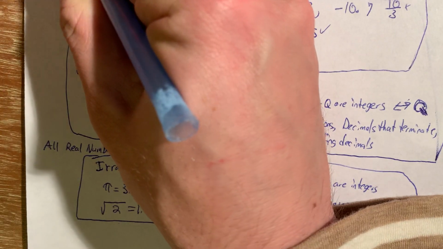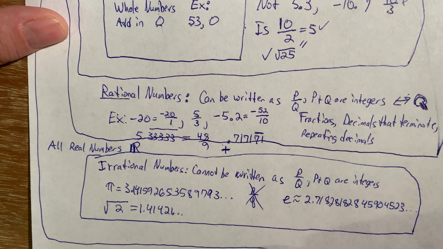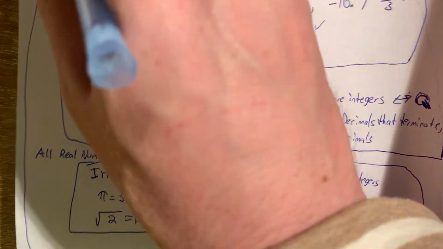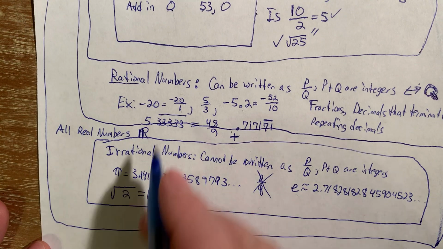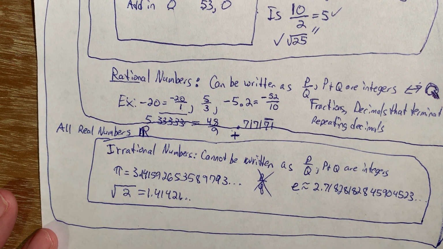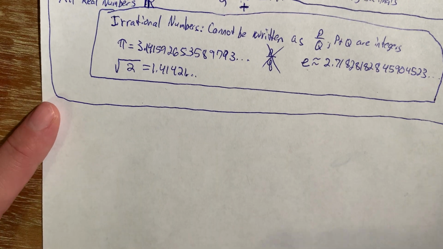So all the real numbers, and this is all the numbers you should have learned about before today, are either rational or irrational.